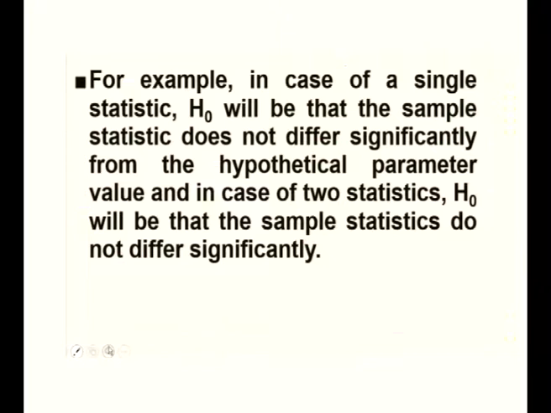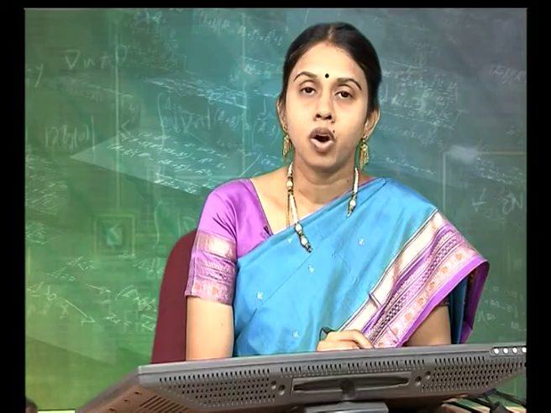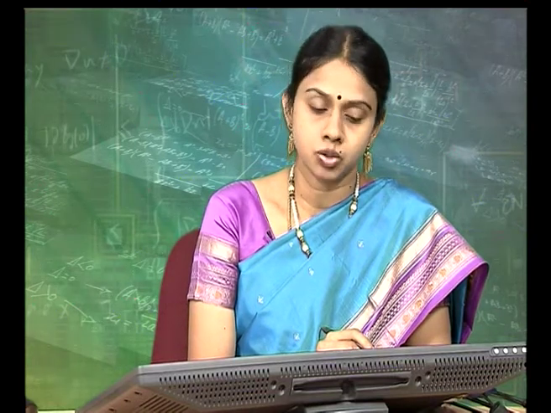For example, in case of a single statistic, H0 will be that the sample statistic does not differ significantly from the hypothetical parameter value. We were discussing in the previous session what is meant by statistic and what is meant by parameter. Parameter is a measure of the population, whereas statistic is a measure calculated from the sample values.